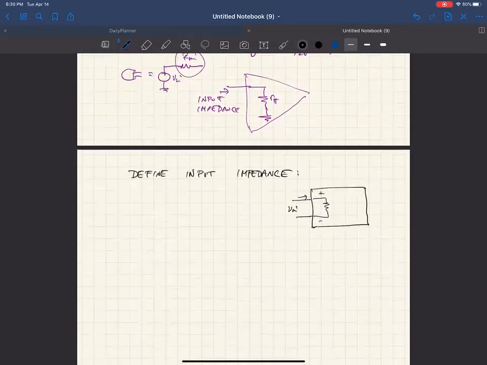And the procedure to measure it, or to simulate it, or to analyze it, is as follows.